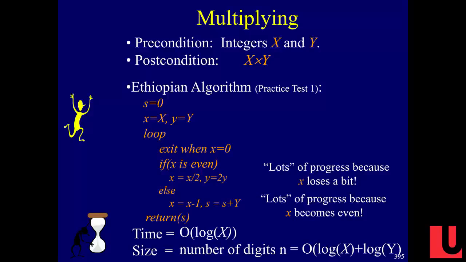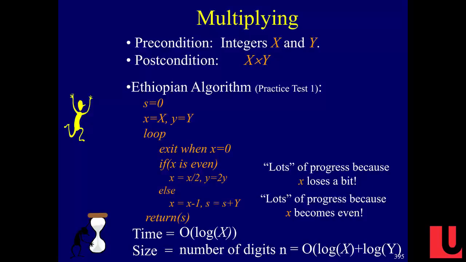And then I divide x by 2. When I divide x by 2, that gets rid of this. Everybody see that? Then I check to see if it's even or odd. In this case, it's even, so I don't add in the current value of y.